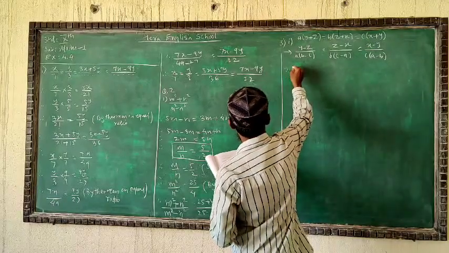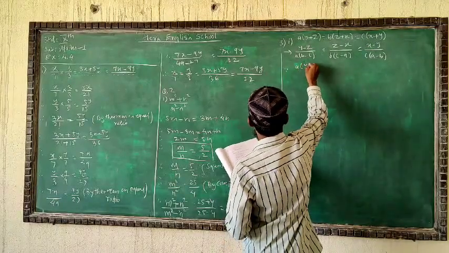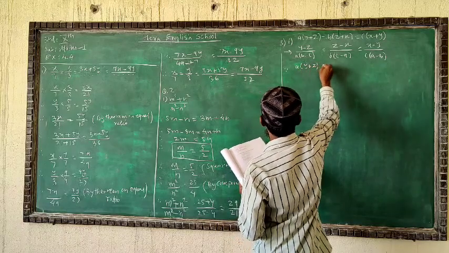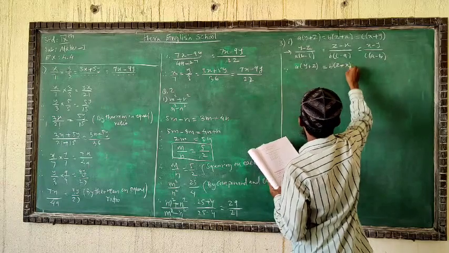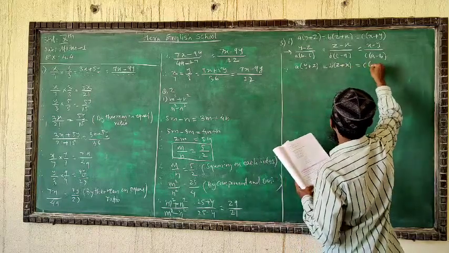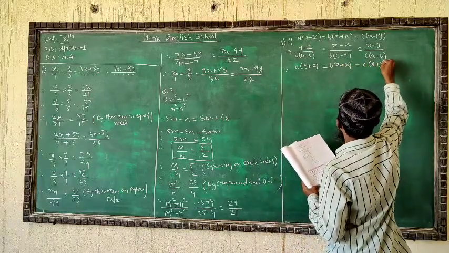According to the given, we'll take a inside the bracket y plus z is equal to b, z plus x is equal to c, x plus y inside the bracket.